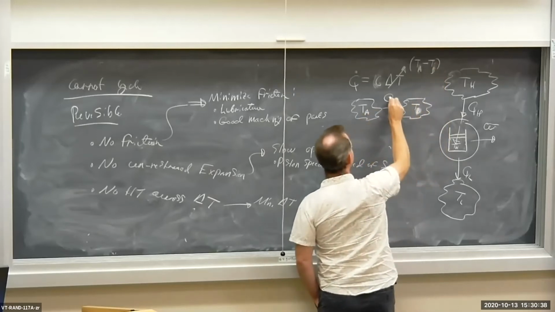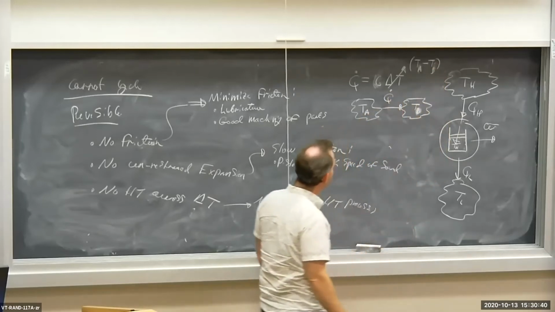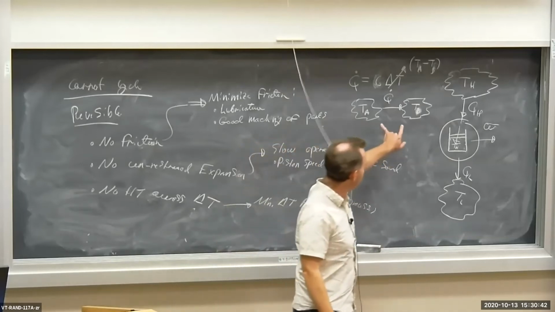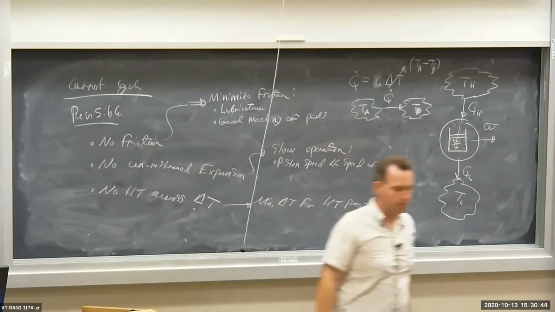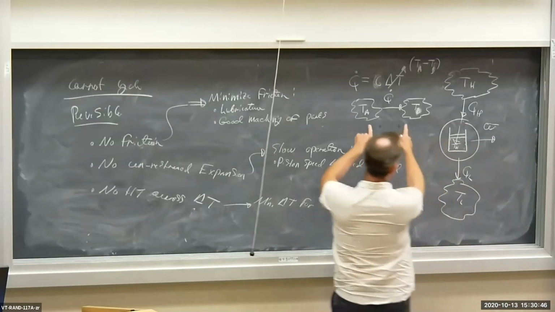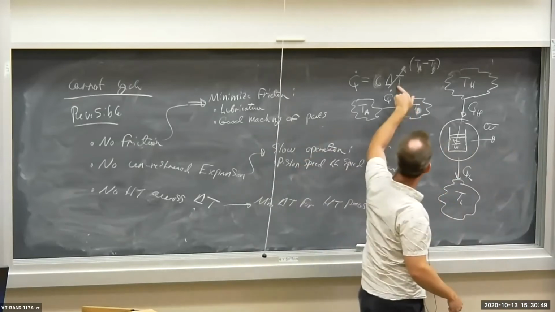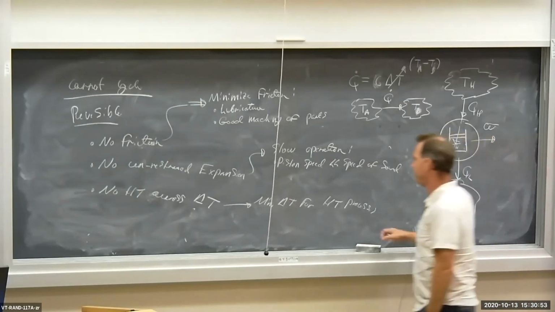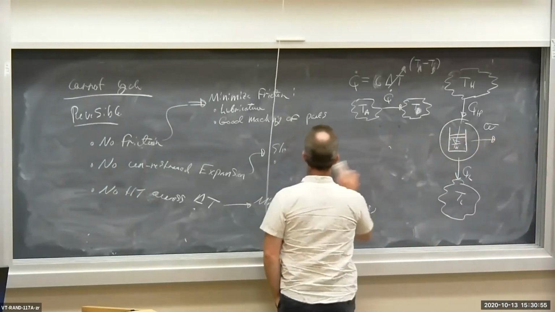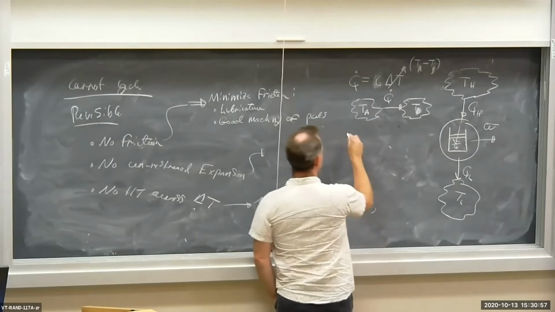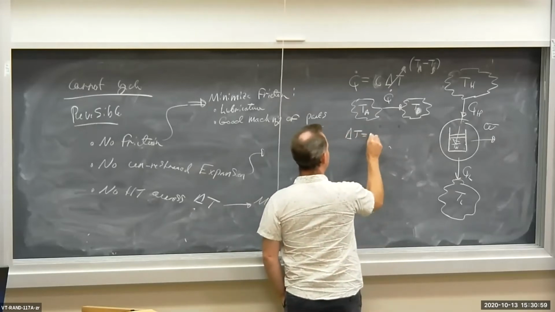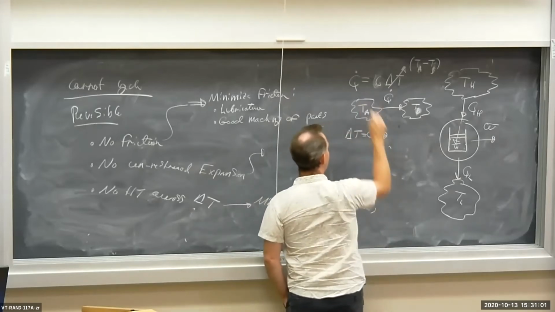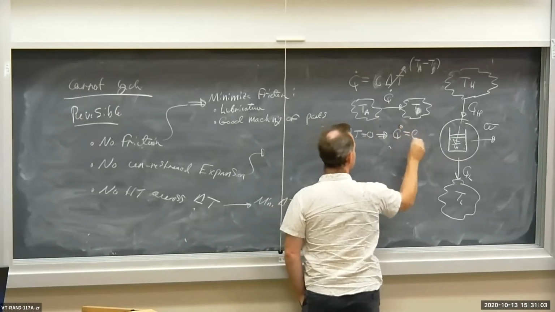So the rate of heat transfer, Q dot, is equal to a temperature difference between the two systems. If the temperatures of these two systems are the same, delta T is 0 and we get no heat transfer. So delta T equals 0, no heat transfer.